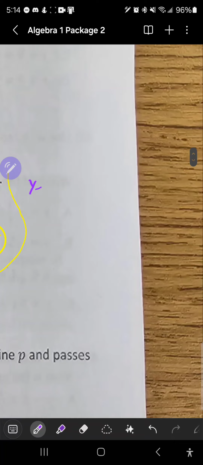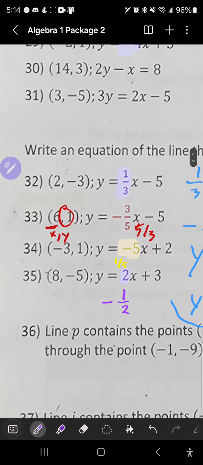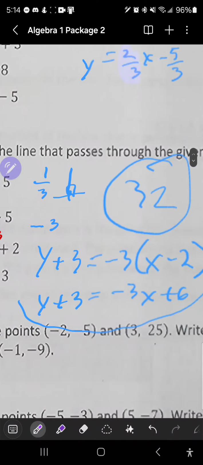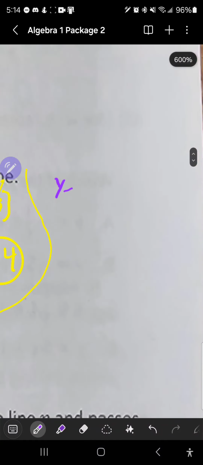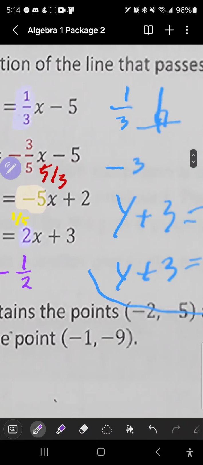We say y minus, or y was negative 5, minus negative, so plus 5 equals negative 1 over 2, since it was our slope, x minus, what is the value of x? 8.